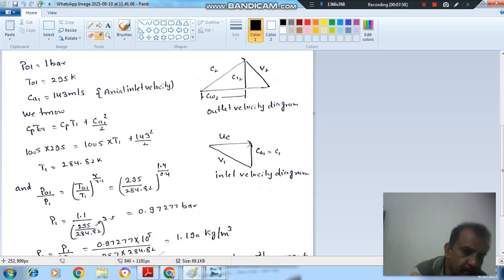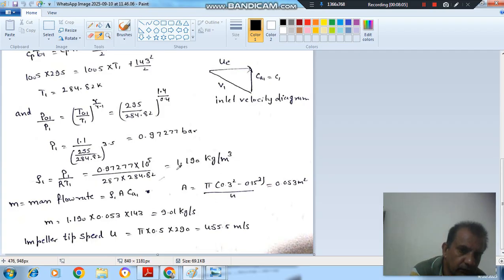So P1 is this. Now using P1 by R T1 we can find out density, that is 1.190 kilogram per meter cube, and the mass flow rate is ρ1 A1 CA1. As the impeller eye tip diameter is given as 0.3 and root diameter is given as 0.15, the area will be π times 0.3 square minus 0.15 square divided by 4, that is 0.053 meter square.